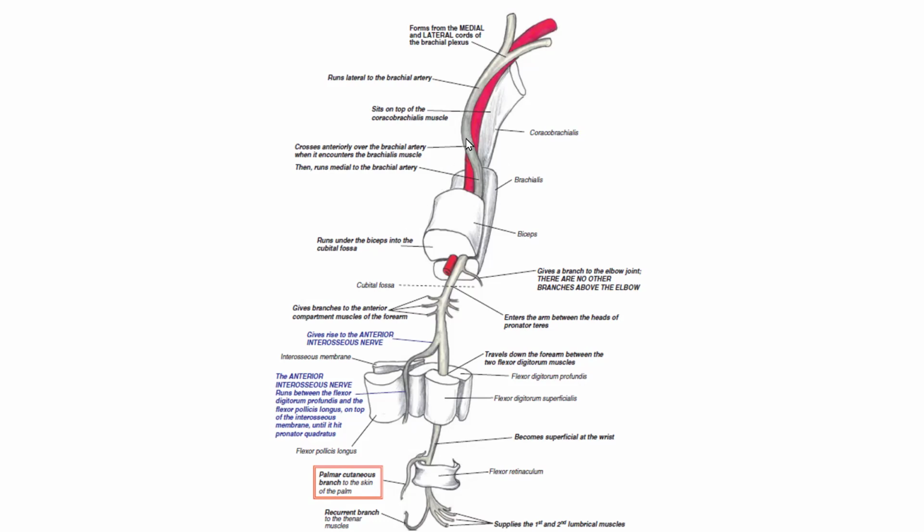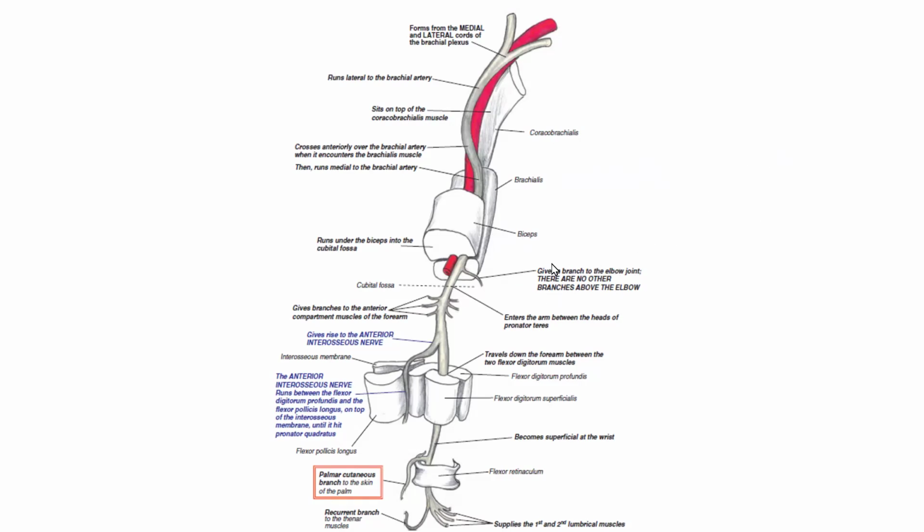Okay, from lateral to medial. Now, at this level, if the supracondylar process is present, as it occurs in 1% of patients, it passes deep to the ligament of Struthers and then comes to the antecubital fossa.